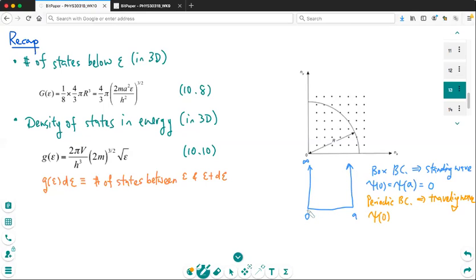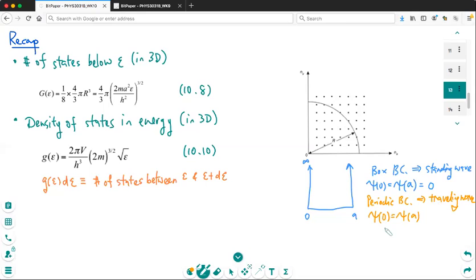I make another copy and align 0 to A here, and then another one, another one. So when I reach A, I basically go back to 0. That's it. I do not demand any value. Whatever the value is, it has to be continuous. That is the periodic boundary condition. If you solve it, you will get exponential, and that is the traveling wave solution.